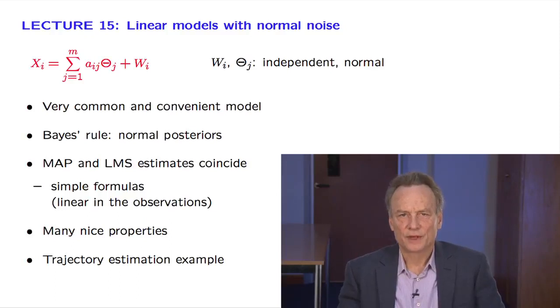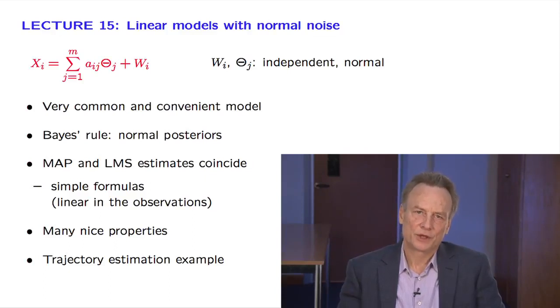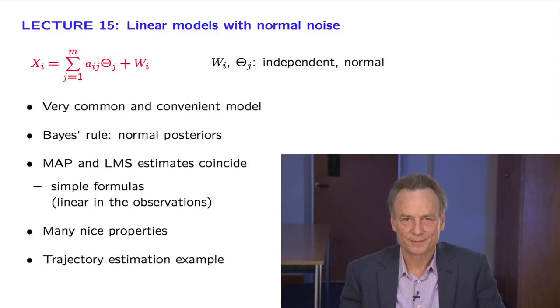We will go over these facts by moving through a sequence of progressively more complex versions. We will start with just one unknown and one observation, and then generalize. And we will illustrate the formulation and the solution through a rather realistic example where we estimate the trajectory of an object from a few noisy measurements.